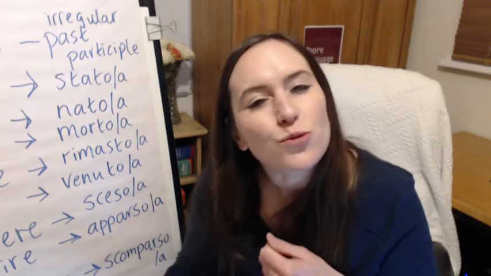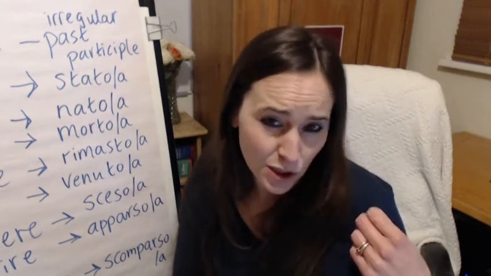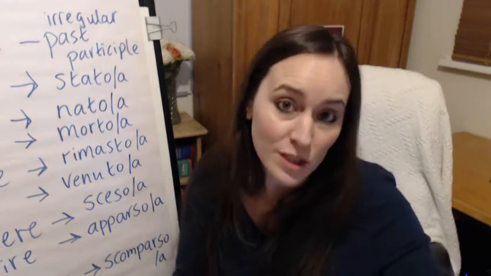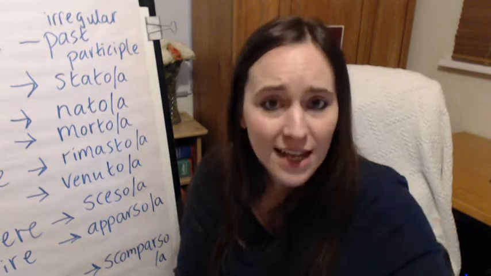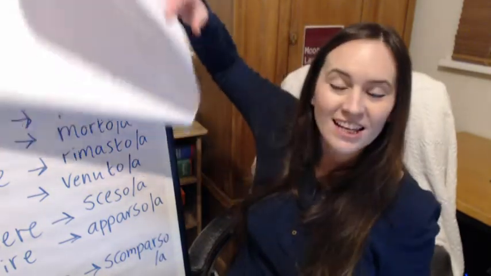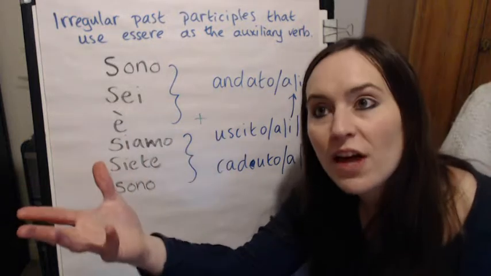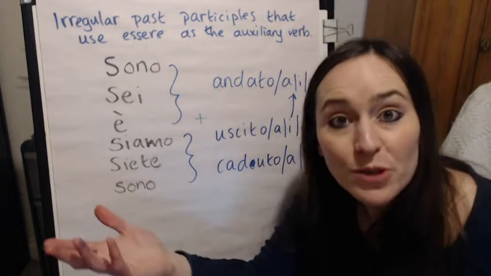Dove sei nato tu? Dove sei nato? That's in the tu form. I put tu at the end to make it obvious. Dove sei nato? So that is the tu form of essere, with a question word. Dove, okay, where were you born?